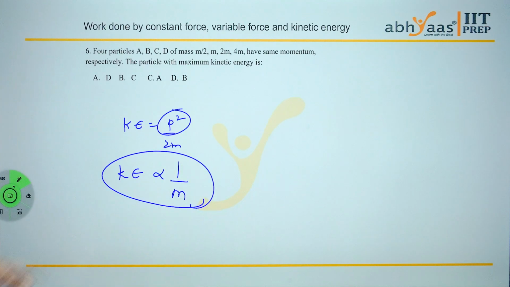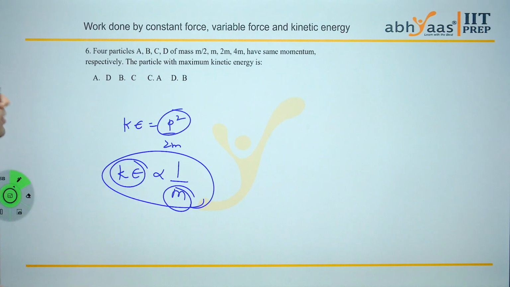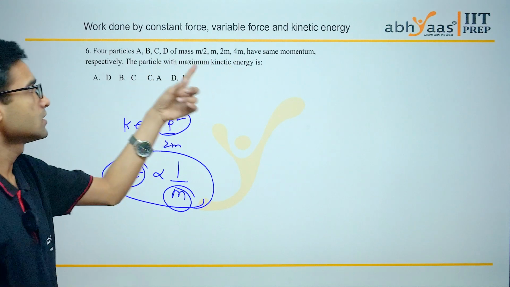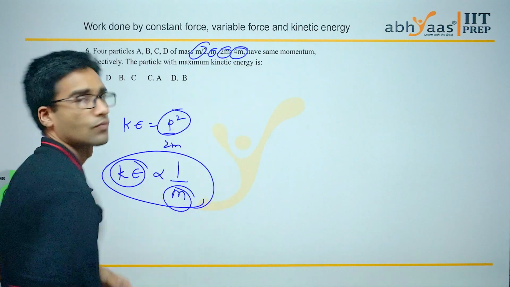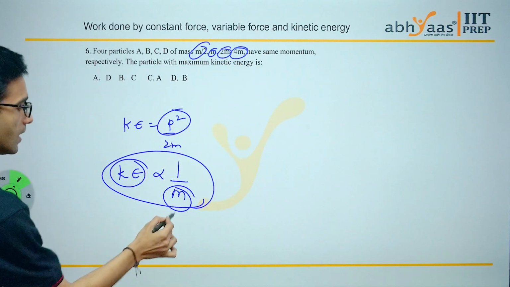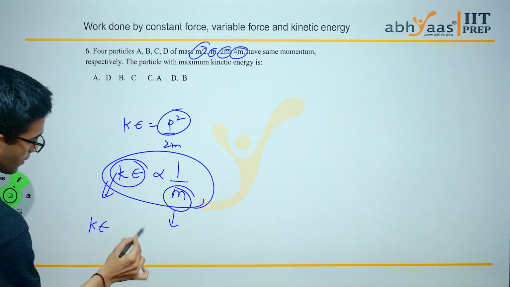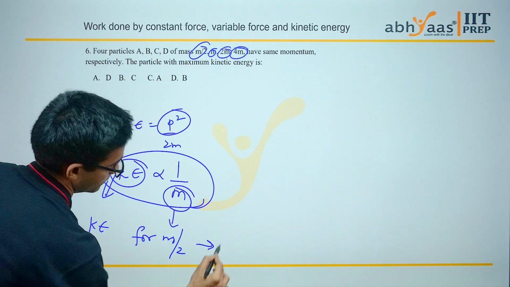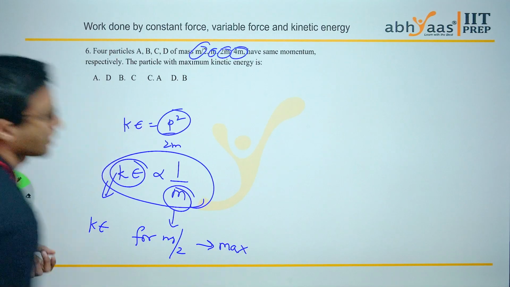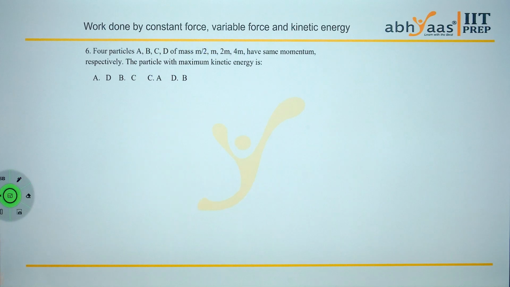If it is so, the one having less mass has more kinetic energy. Of the 4, M by 2 is lesser, so KE for M by 2 is maximum. So which one is it? A is the answer. Simple thing, no need to worry.